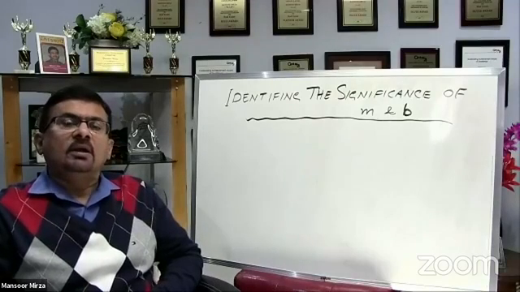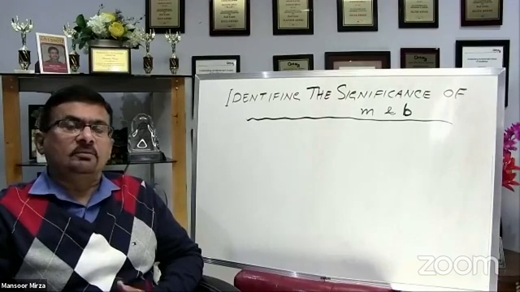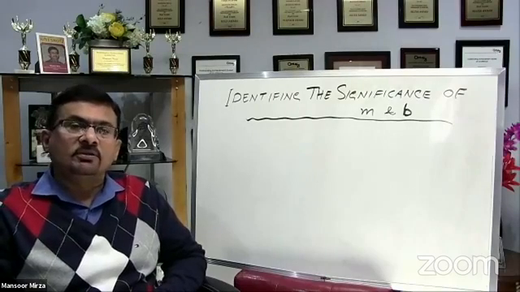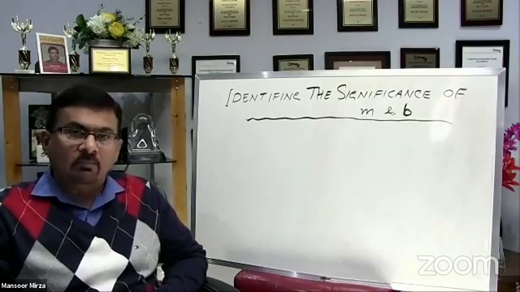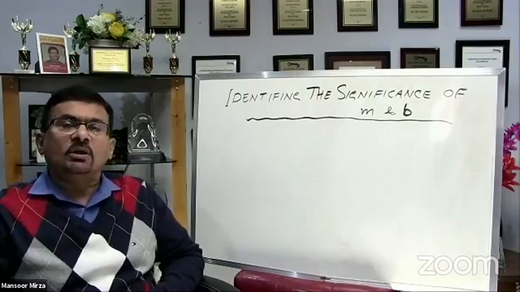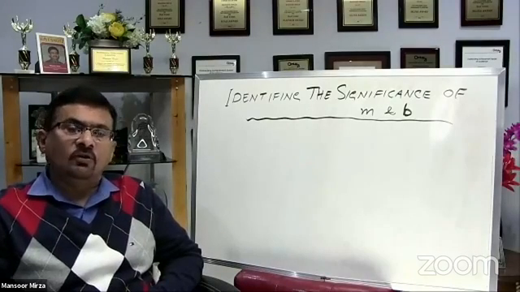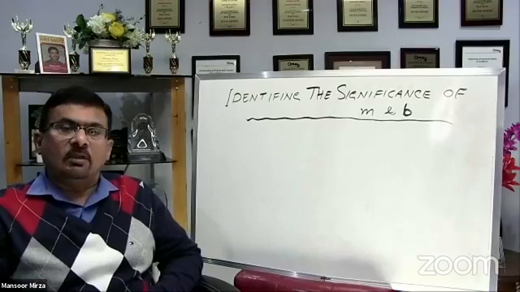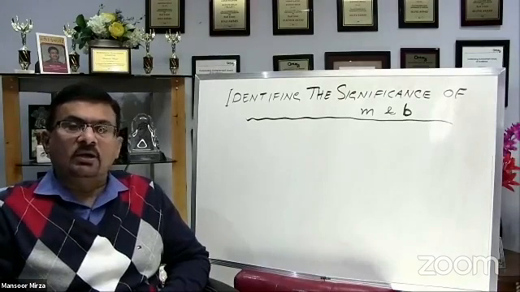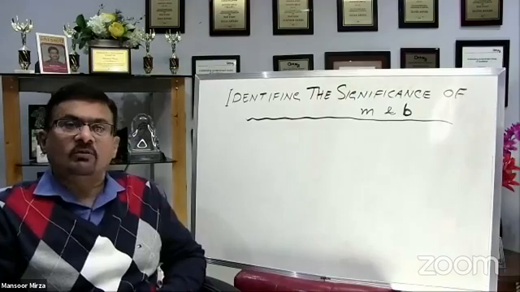Now, today, I will be explaining how we use m or b, or in some cases, how we calculate the value of m when we are given two coordinates. When we are given two coordinates, it makes it very easy for us to find the value of m.